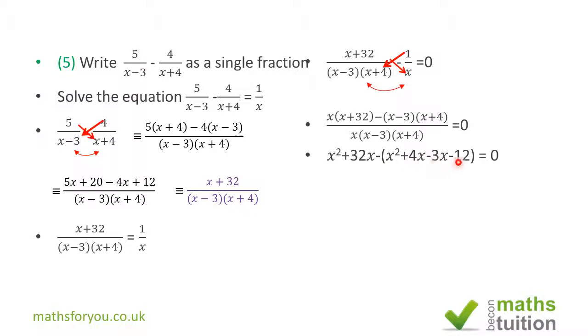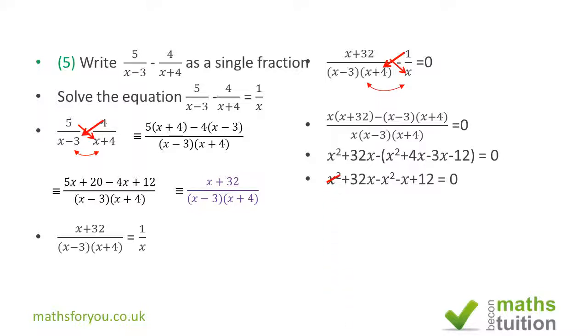Open up the brackets, we end up with x squared plus 32x minus x squared, and then minus x because 4x minus 3x gives us x. Open up a bracket, that becomes minus x, and that becomes plus 12.